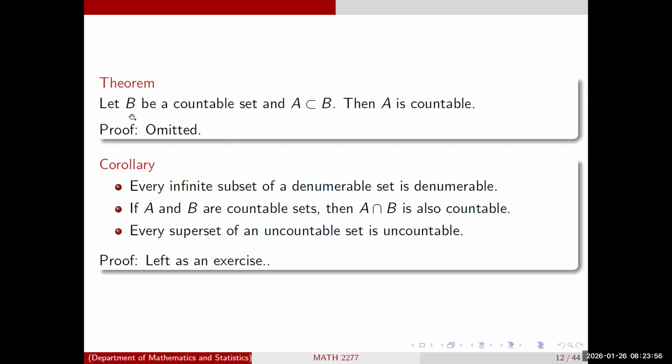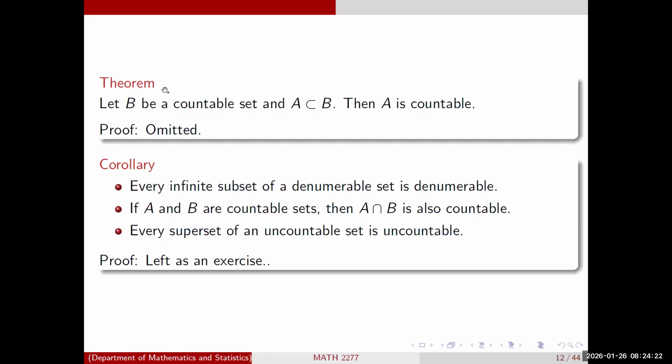So they are saying if B is a subset of A, and A is countably infinite or denumerable, and B is infinite, then B has to also be denumerable. And if A and B are countable sets, then their intersection is also countable.